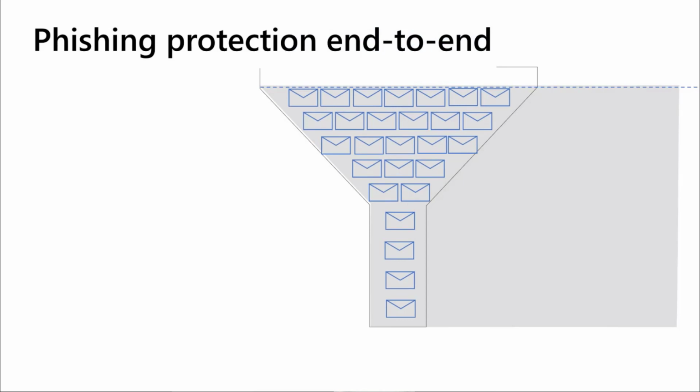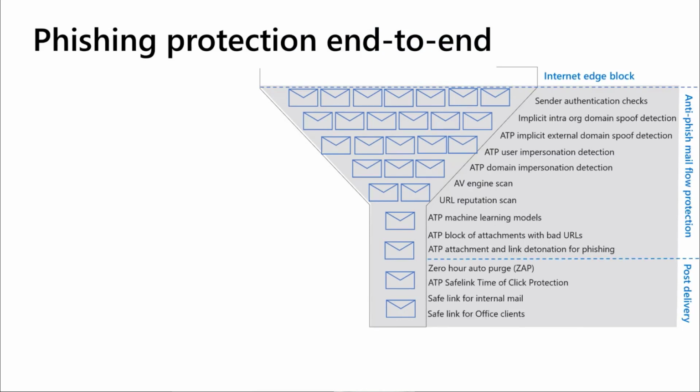So we have email coming in from the internet. First off, what's checked is that the authentication of the email looks okay. We have some specific domain spoof detections that are being validated. We have the impersonation detection, first off on the user level.